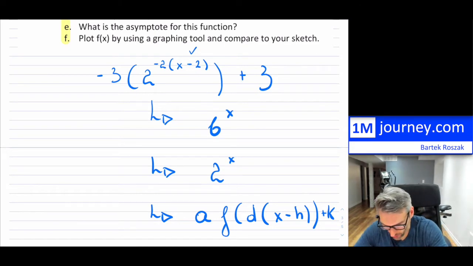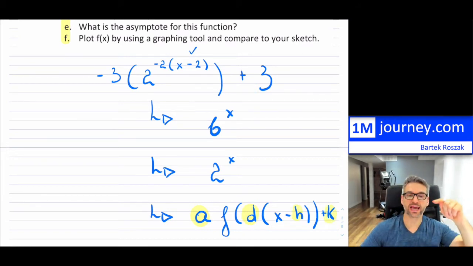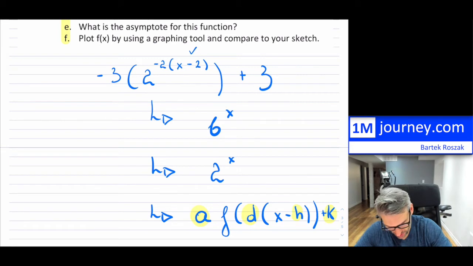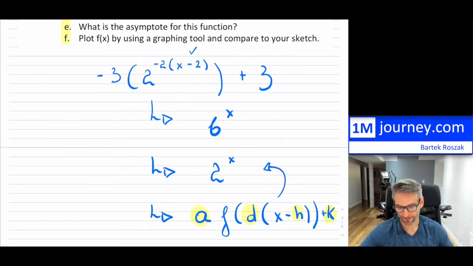And what we wanted to be able to see is, what is our a, what is our d, what is our h, what is our k, and now what do these a, d, h, and k do to our parent function, right? So this is my parent function, so 2 to the x.